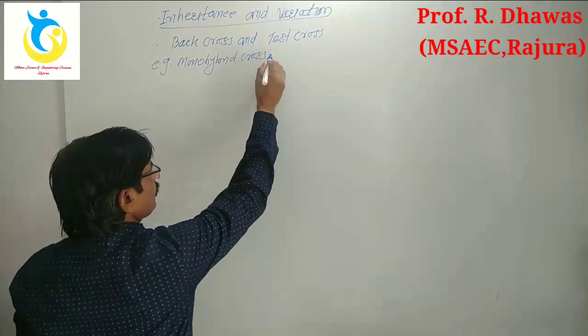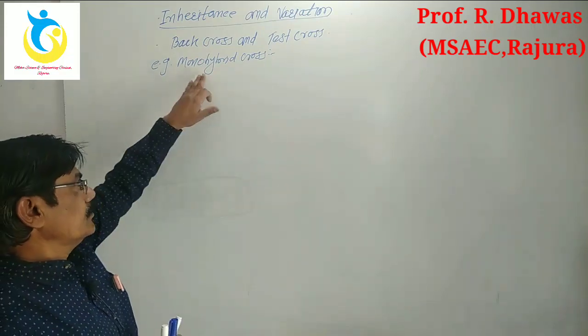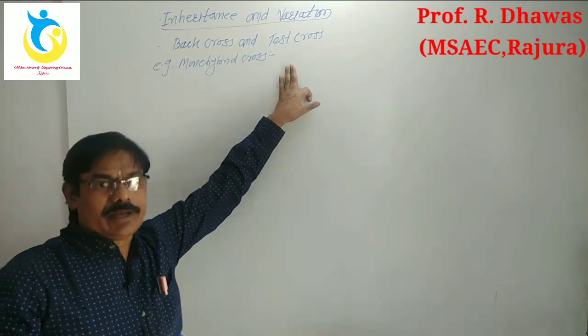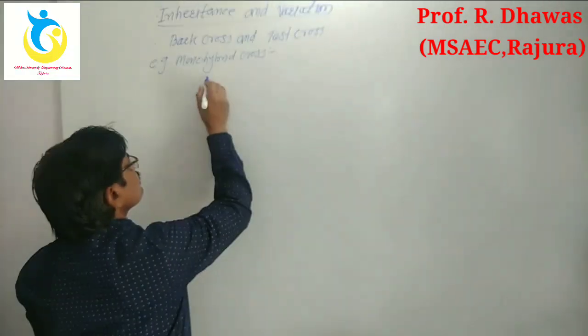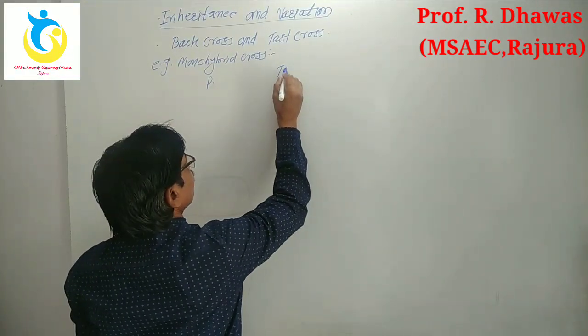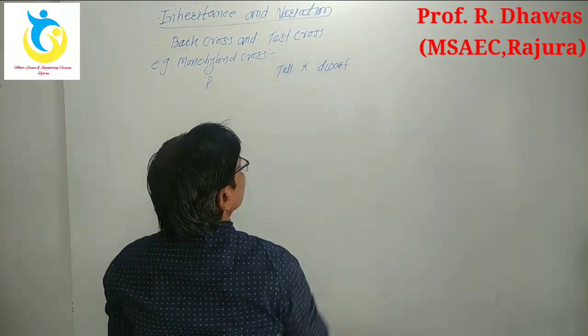Now in a monohybrid cross, we consider one pair of contrasting characters from parent plants. For example, we consider as parents a tall plant crossed with a dwarf plant.